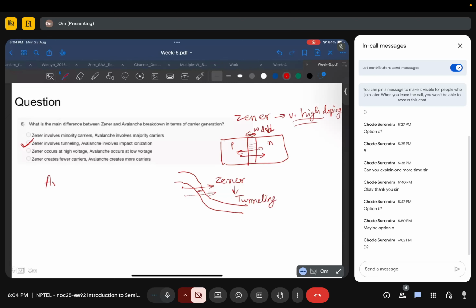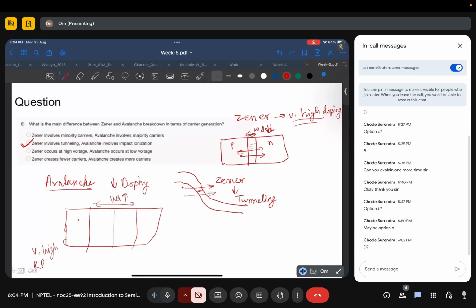In avalanche, you have less doping, so your depletion width is considerably large. Avalanche happens at a very high reverse bias. So the minority carrier, the electron here, gets very high energy.